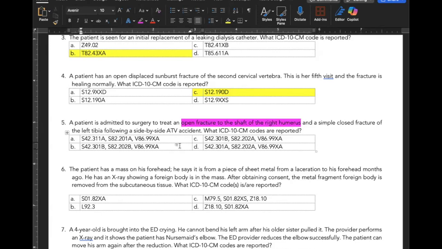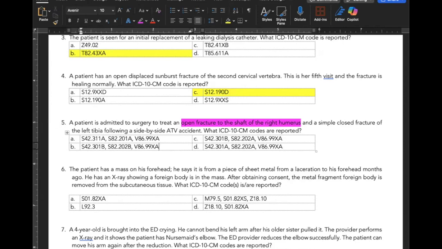So we'll do fracture, and then our anatomic location is the humerus. Underneath humerus, where do you think we'll go for the next indentation? Shaft. Yep, the shaft. Perfect.